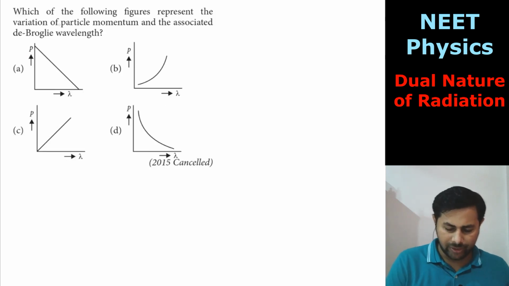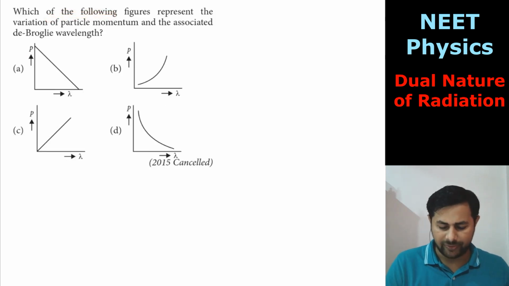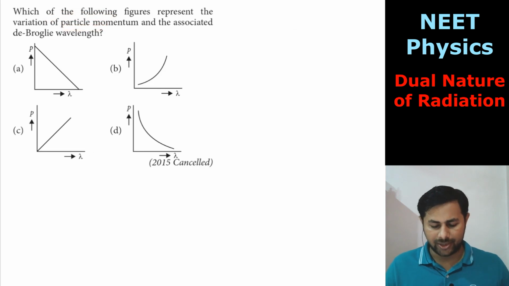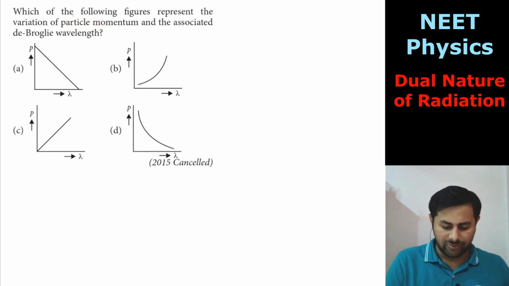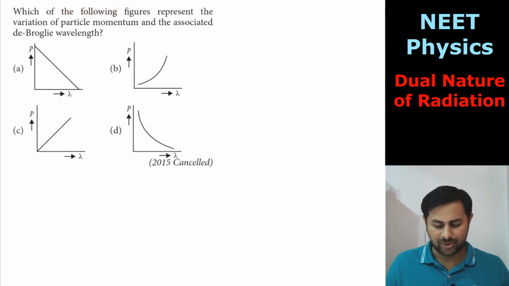Then which of the following figures represent the variation of particle momentum and associated de Broglie wavelength? Tell me, which one is correct?